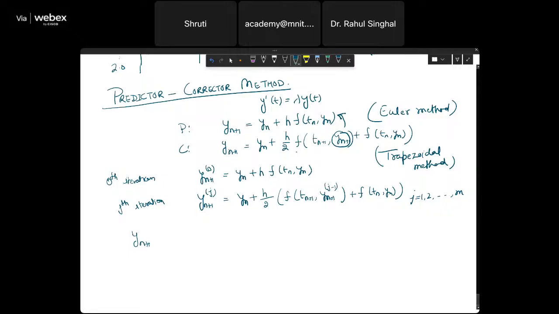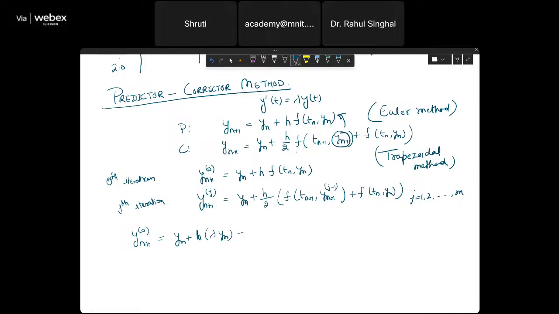So for the zeroth iteration, for this test problem, the function f is lambda y, so it comes as lambda yn, and therefore I get the solution as follows.